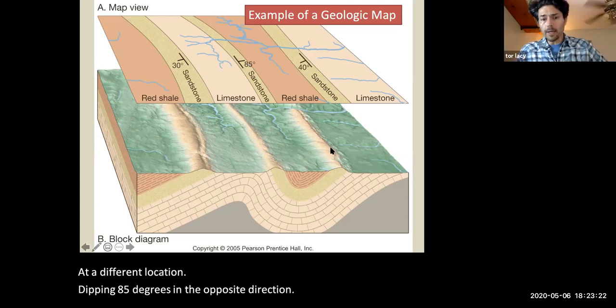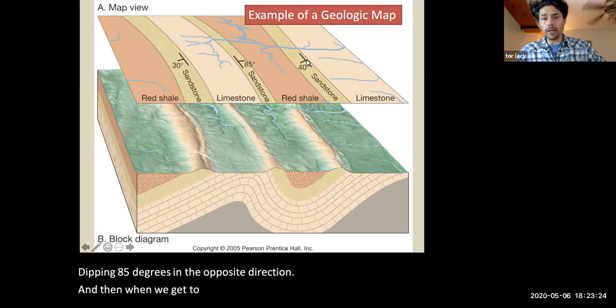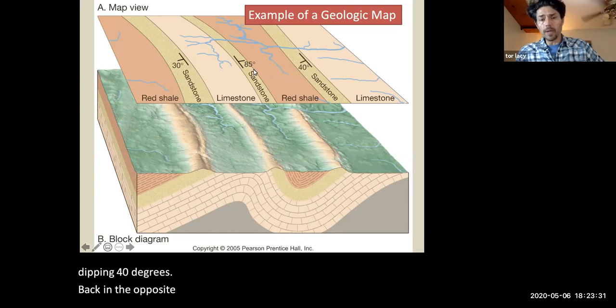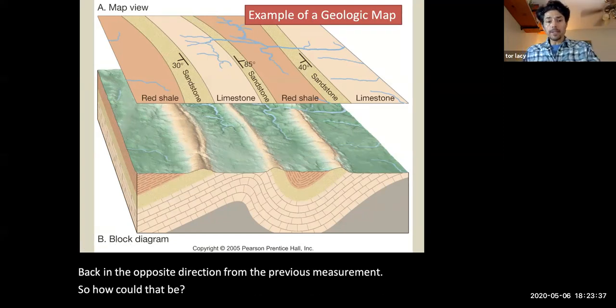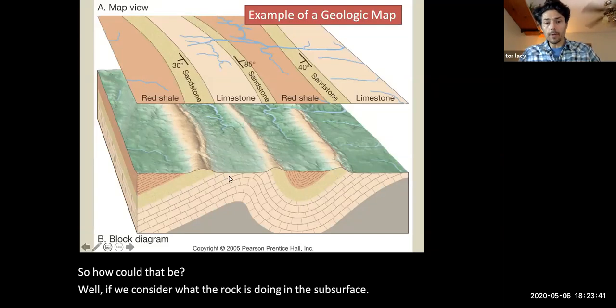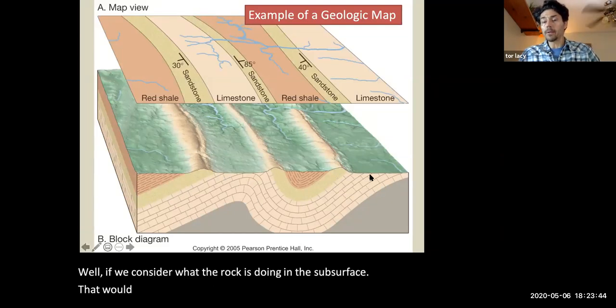And then when we get to the third location of the sandstone, it's dipping 40 degrees back in the opposite direction from the previous measurement. So how could that be? Well, if we consider what the rock is doing in the subsurface, that would explain how this pattern was created.